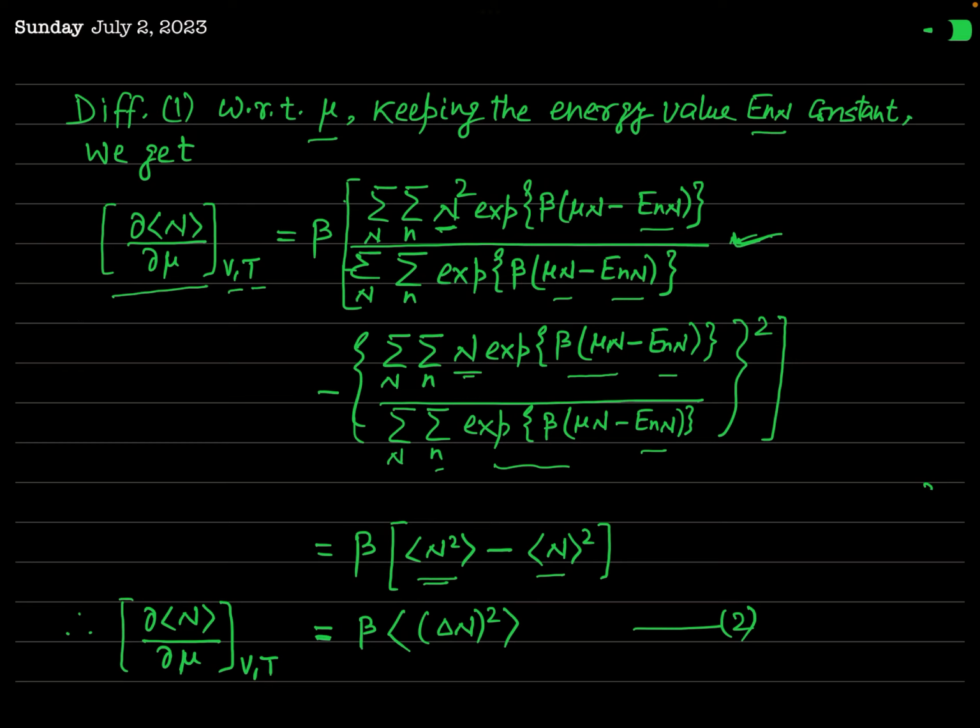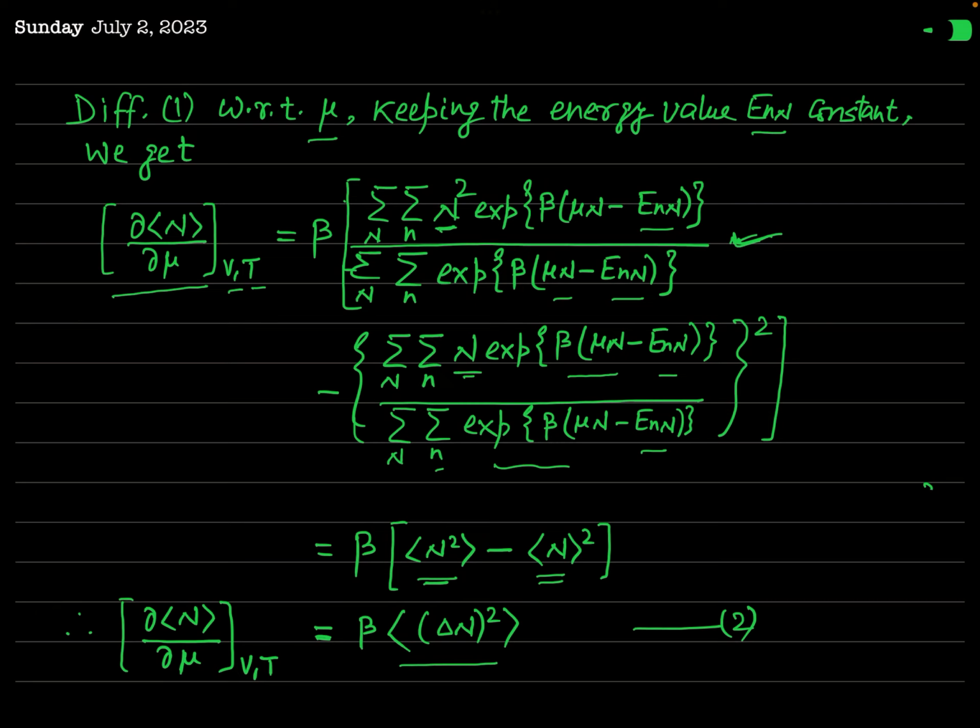And this quantity, that is average value of n square minus average n square, has been written like this. This is average value of delta n square. You know, this is actually called the mean square fluctuation in n.